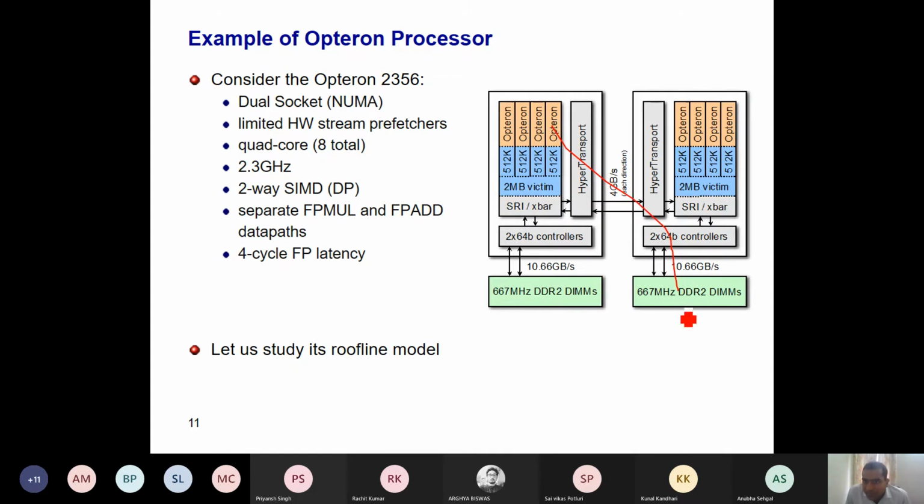Why? Because first of all, you need to fetch data here, which is 10 gigabytes per second. Afterwards, this data will come here, which is much slower, only 4 gigabytes per second. So it takes a lot of time to get the data if the data you need is not in the same NUMA node but in the DRAM of another NUMA node.